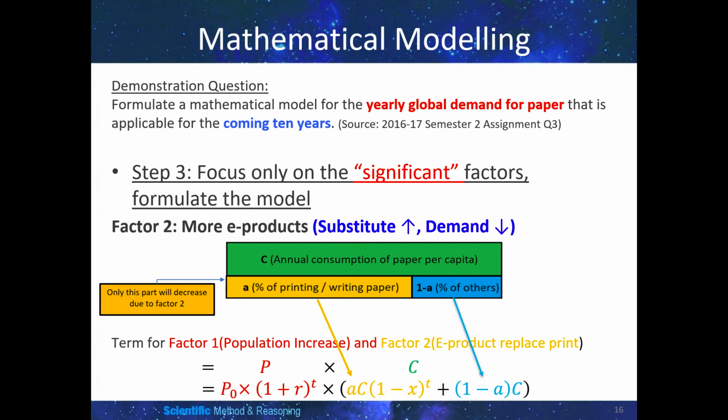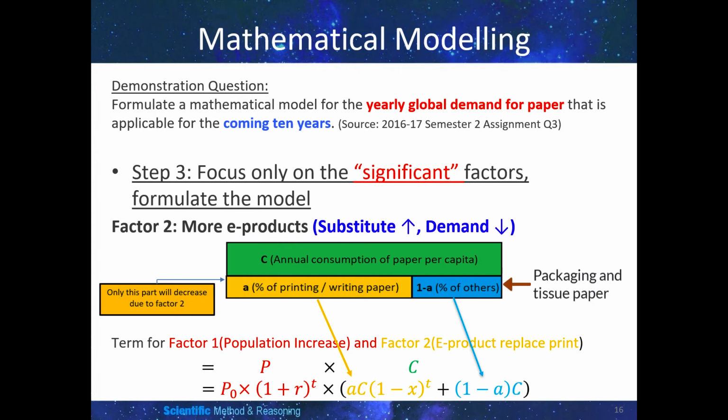So pay attention to this chart here. C is the annual consumption of paper per capita, and A% of C will be the annual consumption of printing or writing paper per capita. So naturally, 1 minus A% will be the others, like packaging material and also tissue paper.